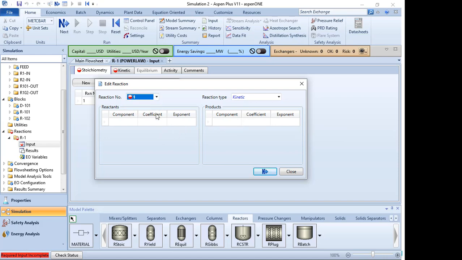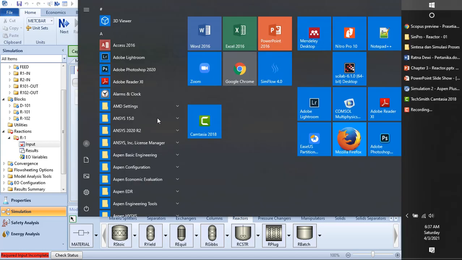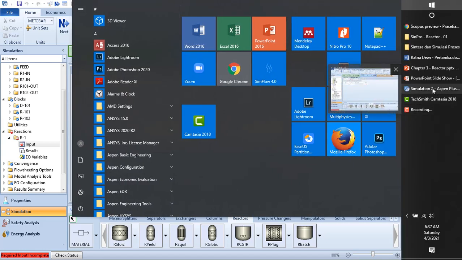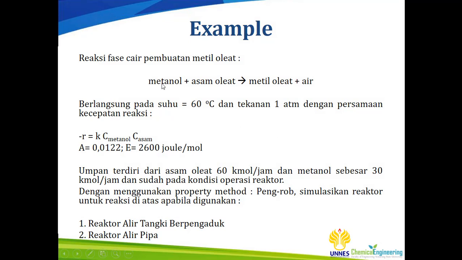This reaction is between methanol and oleic acid, becoming methyl oleate and water. Here we not only have coefficients, just like the previous simulation with the non-kinetic model. In the kinetic model, you also have to specify the exponent, not only the coefficient. For the coefficient, I think you still remember, it depends on the stoichiometry of the reaction.